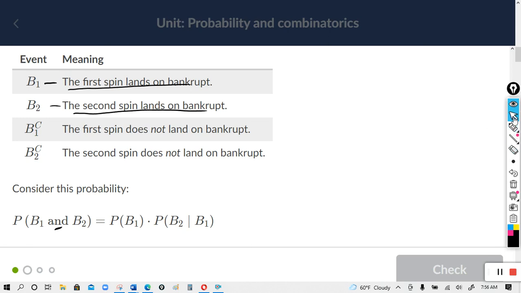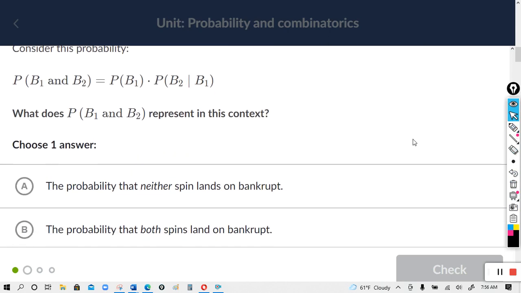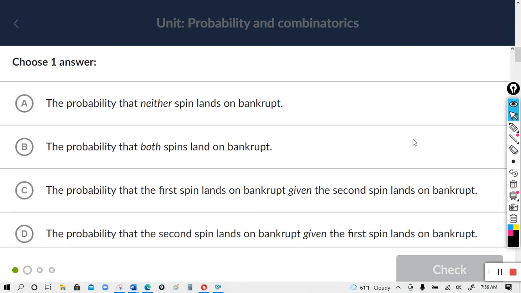Let's see. The probability that neither spin lands on bankrupt? No, definitely not A. B is the probability that both land on bankrupt.